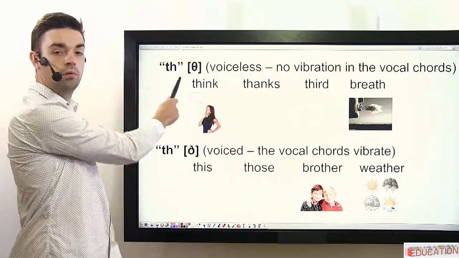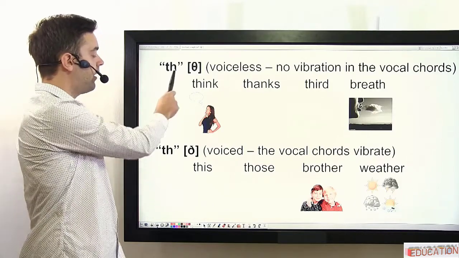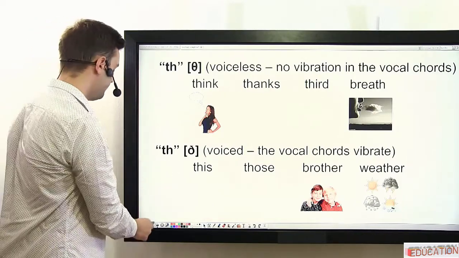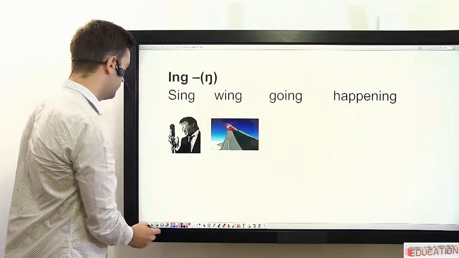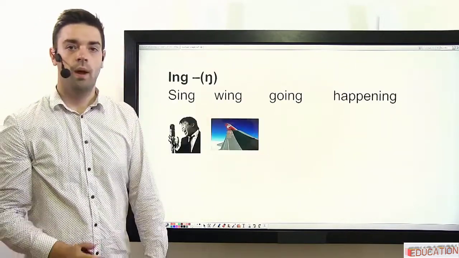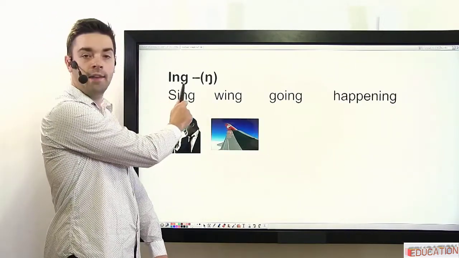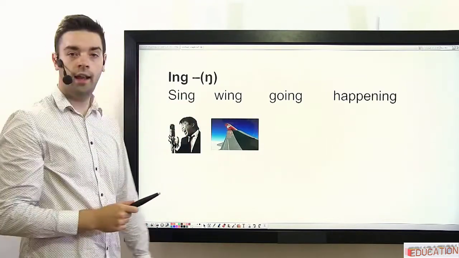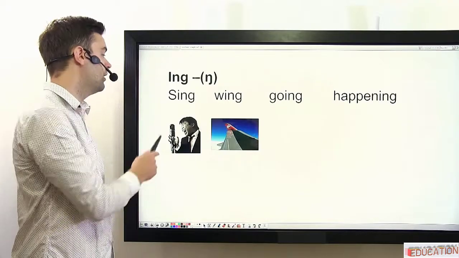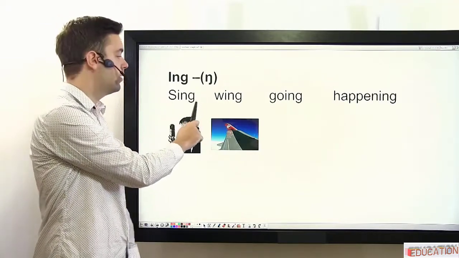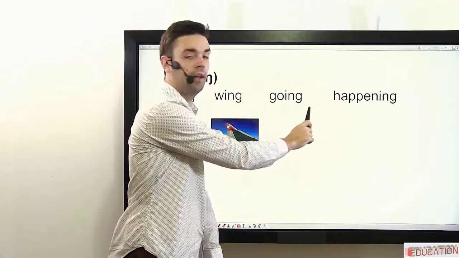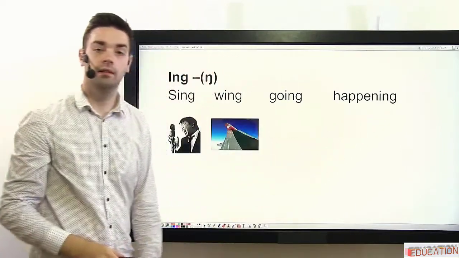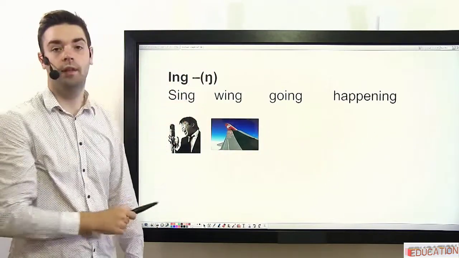So these are the two different th. When we join ing, it creates an ing sound. So sing, wing, going, happening.